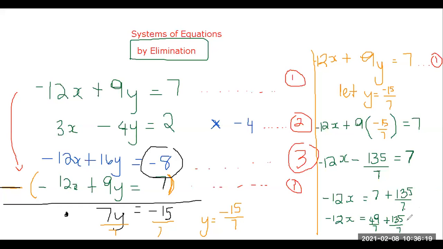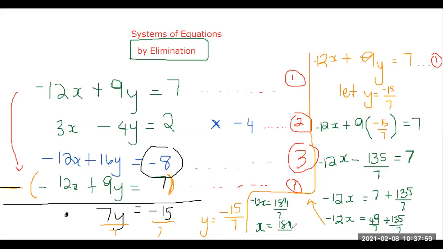And then that 184 over 7, this is what I'm going to do. So now I'm left with, I'm moving it right here so we could see, negative 12x is equal to 184 over 7. And in order to figure out what x is, I would do x is equal to 184.